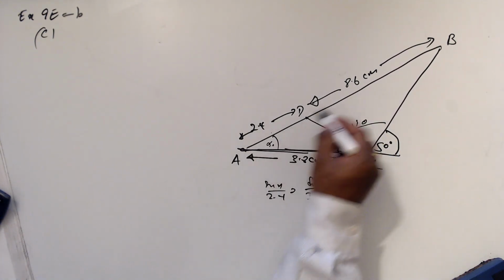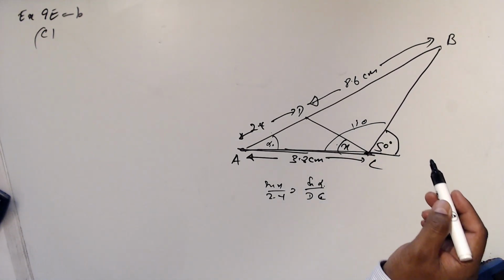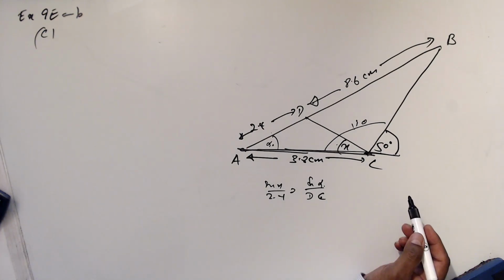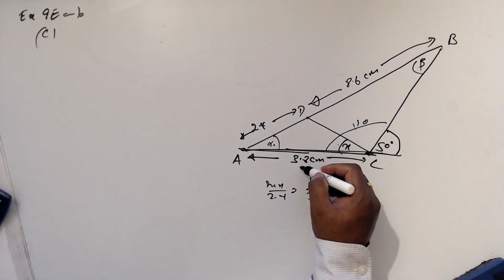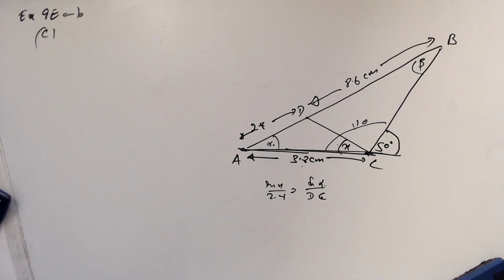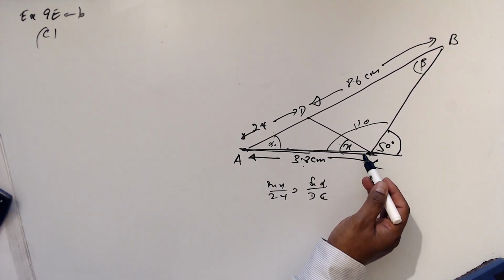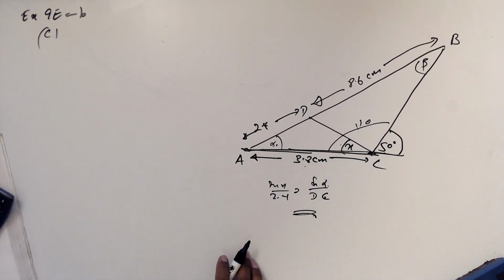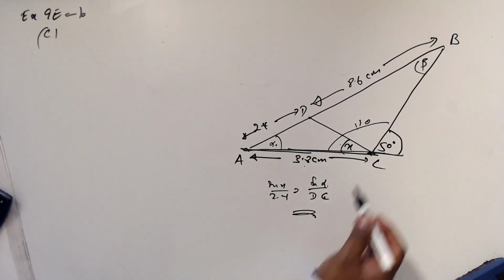Then I have a long line and the angle, and if I find beta, then 180 minus this one, I can find alpha. And then DC with the cos rule, and then again sine. First of all, let's find this one.